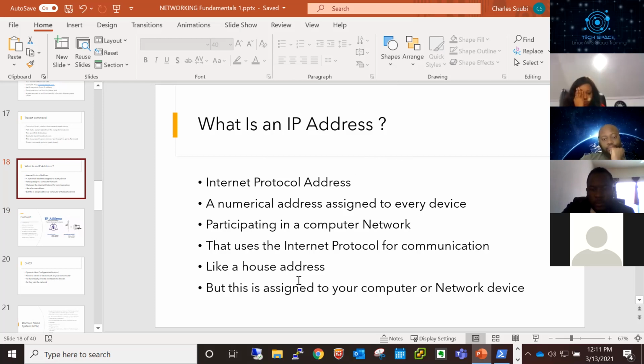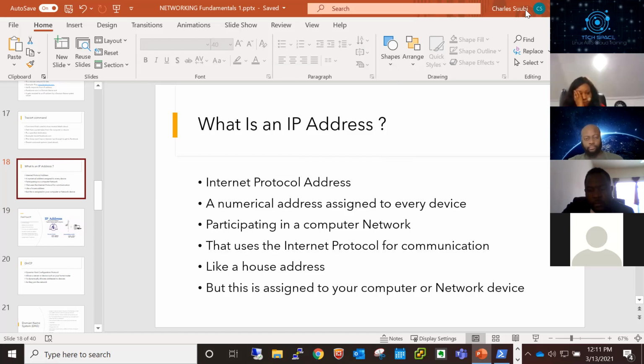So let me just give you an example. If I need to mail out something to Gerard, I need to know Gerard's home address. I cannot just send the package with Gerard's name. The package should have his address.